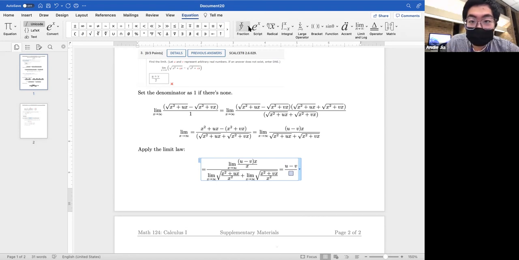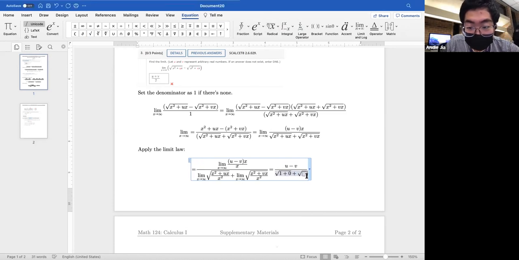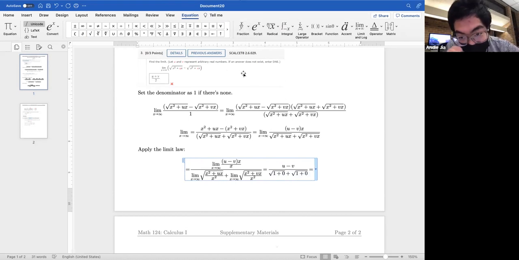So the radical becomes 1 plus 0 plus another 1 plus 0. It's going to be u minus v over 2. That's why there's some algebra trick here.